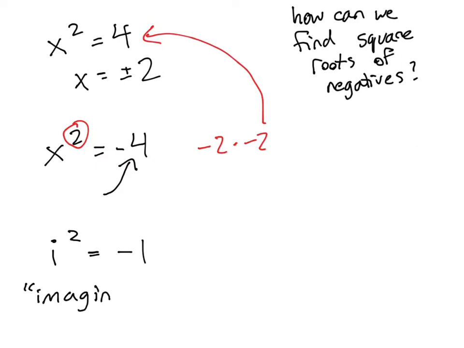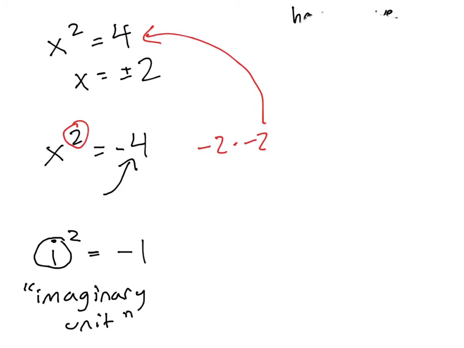And this new number that mathematicians came up with is the number called i, which stands for the imaginary unit. So all of a sudden, that opens up a whole new world of possibilities. Using this imaginary unit, we are now able to take the square root of a negative number.